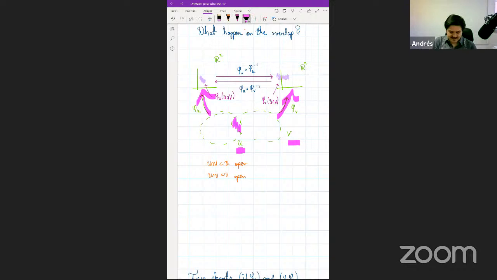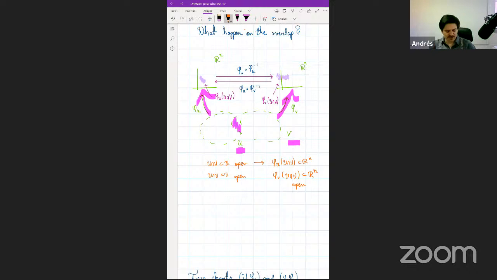Ahora, bajo la función, tengo este abierto aquí. Y bajo la función, distinto, no va a ser el mismo, tengo otro abierto. So these are open. Son abiertos porque phi U y phi de B son continuas.